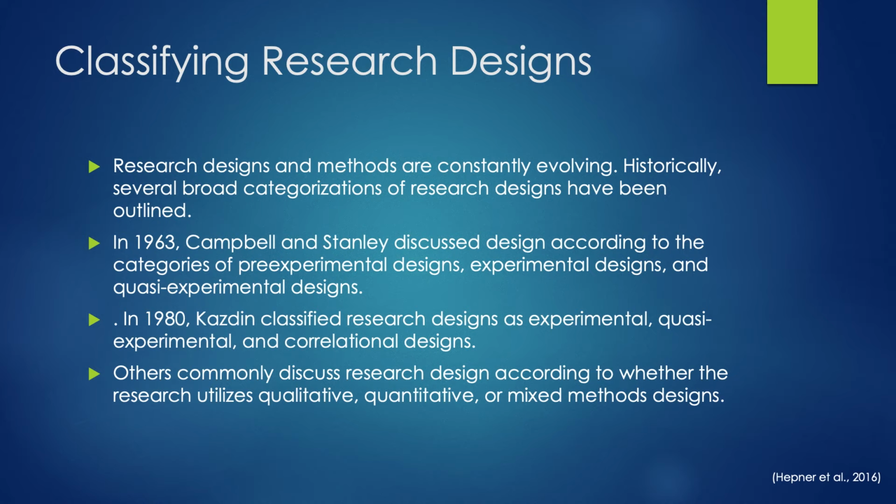Others commonly discuss research designs according to whether the researchers utilize qualitative, quantitative, or mixed method designs. My understanding is qualitative, quantitative, mixed method is the broad overarching design, and then within that, if you are using quantitative, you're going to then look at whether this is going to be experimental, quasi, or correlational. If you're looking at qualitative, it's going to be something like phenomenological or grounded theory or ethnographic or autoethnographic.